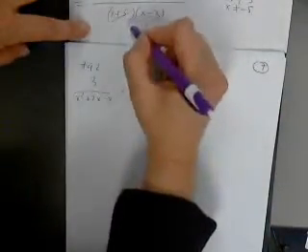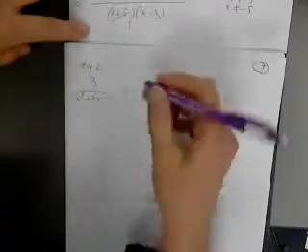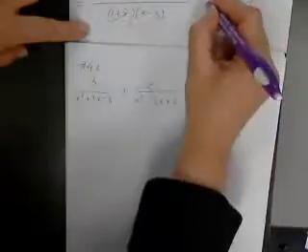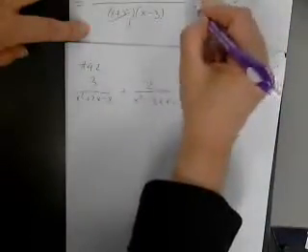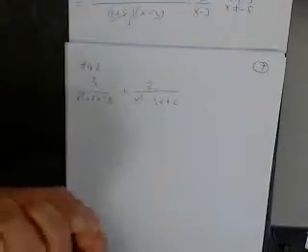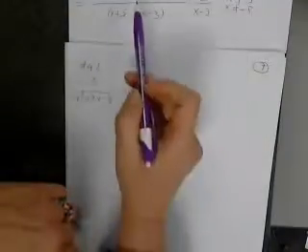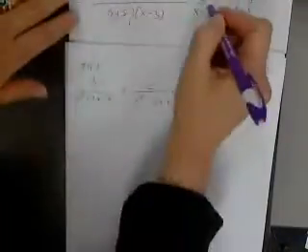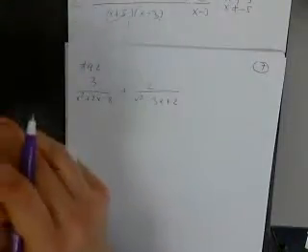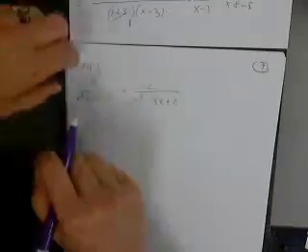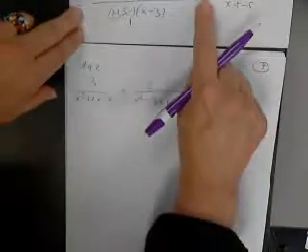That's why I write the 1. From my experience from past classes, I have students who write this. This is incorrect. When I divide x plus 5 by itself, I don't get 0, I get 1. When I divide x plus 5 by itself, I get 1.